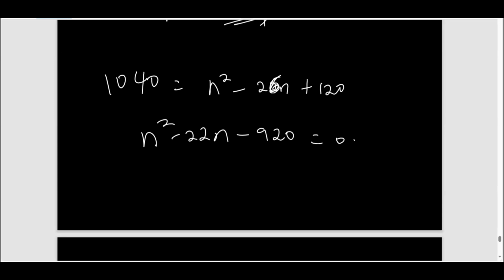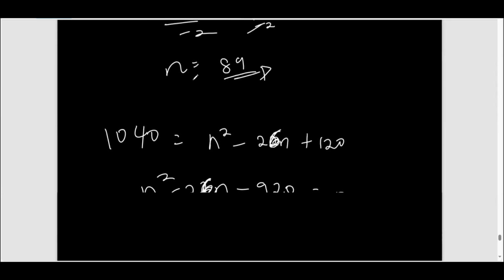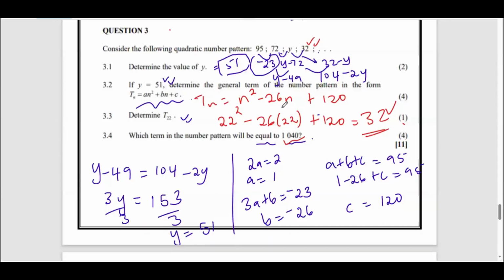So if it's a 26, we're going to have n minus 46 and n plus 20, which is equal to 0. So n is either negative 20 or n is 46. But since we want position, we shall take the positive position. With the previous question, let's hope I did the correct substitution there.